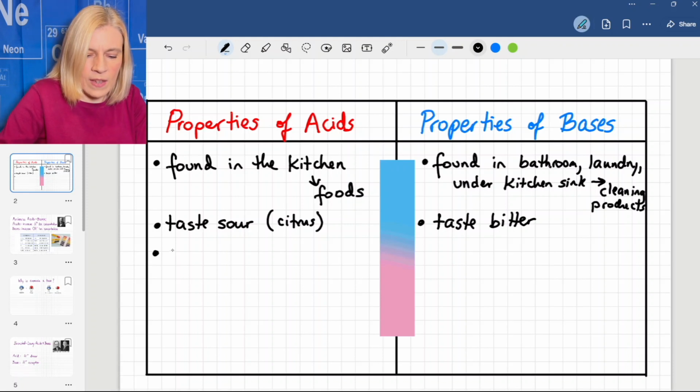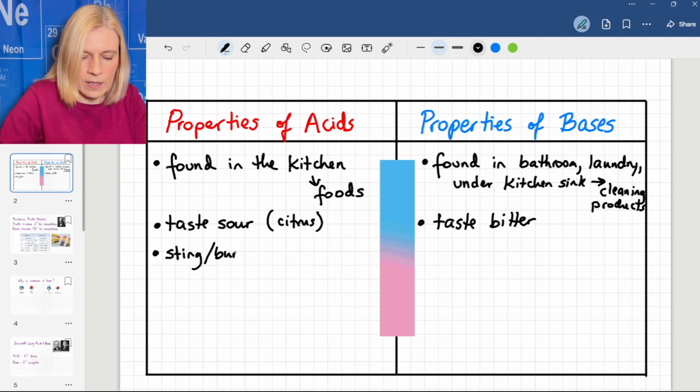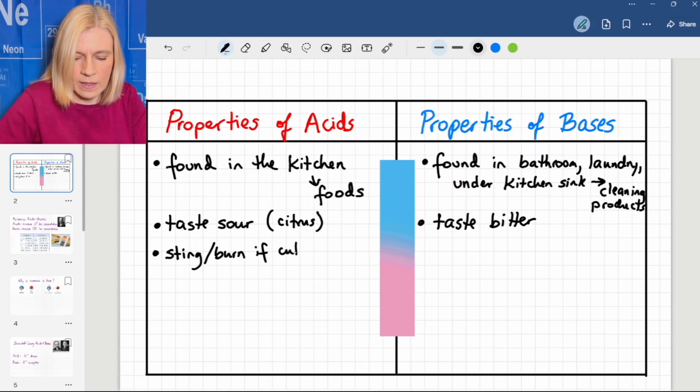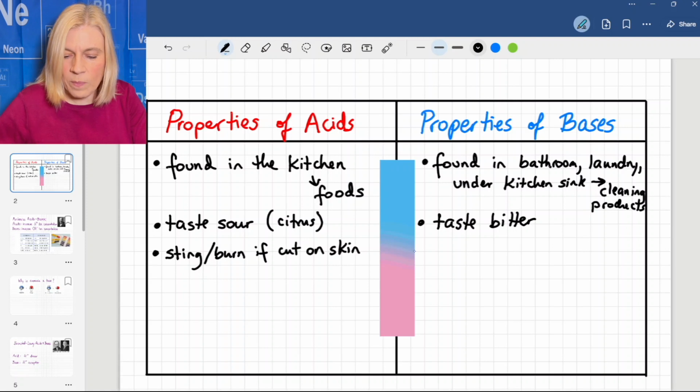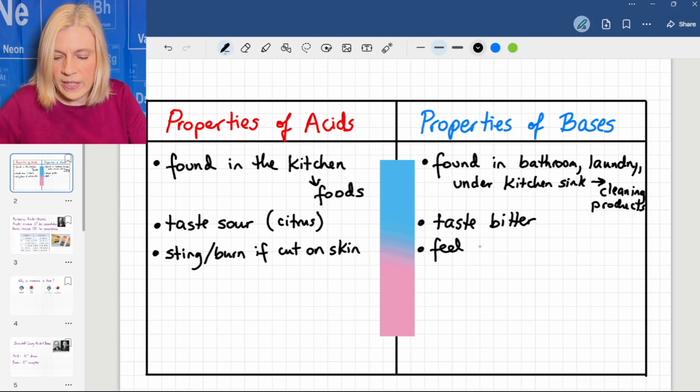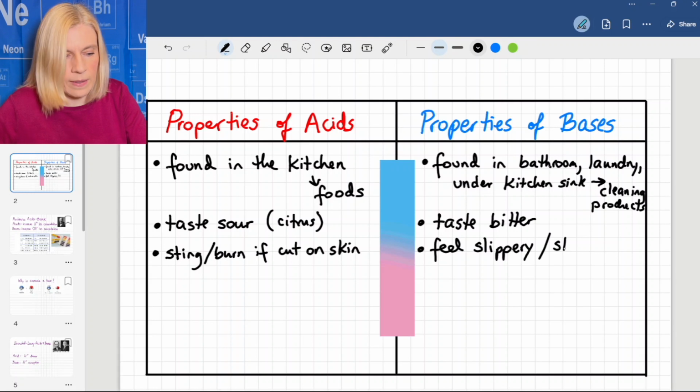So I'm going to say they sting or burn if you have a cut on your skin. Otherwise, nothing really. Now, bases, you will know they feel slippery. Think of soap. Slippery, slimy.